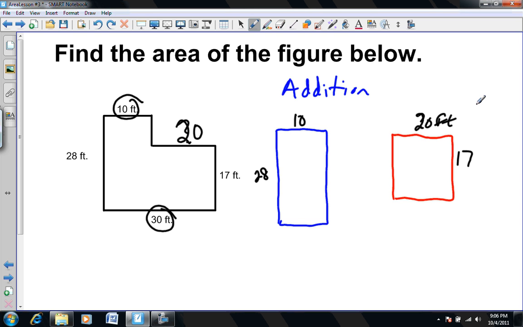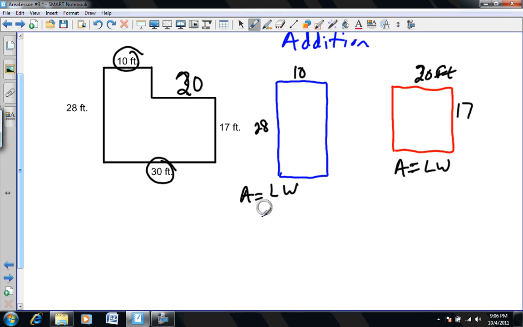All right? I can figure out the area of each of these objects by using the formula length times width. I like to write down the formula that I'm going to use every time I figure out an area. So I can see that the area of this very first blue rectangle is 28 times 10, which is 280 square feet. Don't forget the square.